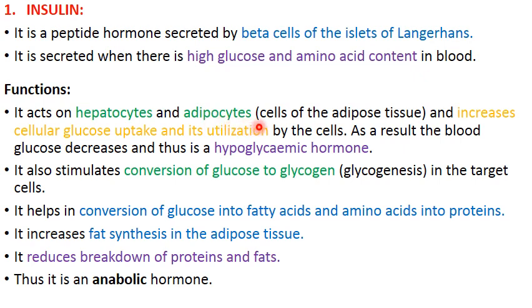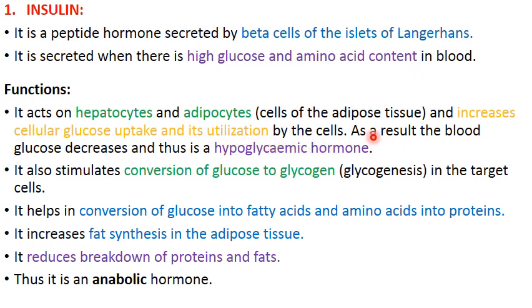Now how is it going to decrease the glucose levels? It is going to increase the cellular glucose uptake. That means under the influence of insulin, glucose will enter the cells, and within the cells glucose will be utilized.